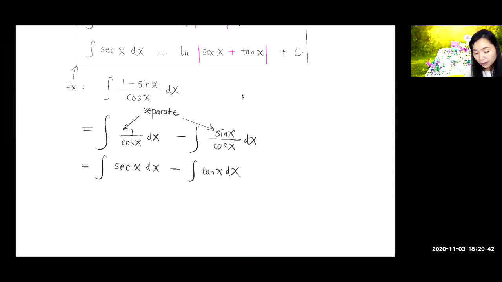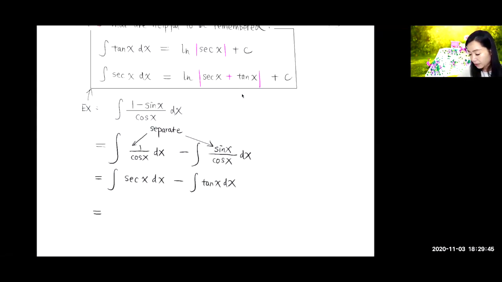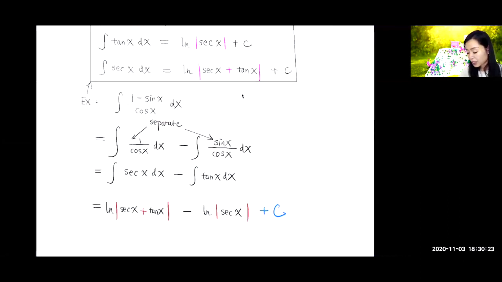Now, according to the formula that we have above, antiderivative of secant x is ln of the absolute value of the sum of secant x and tangent x. And antiderivative of tangent x here is ln of absolute value of secant x. And then don't forget to add the constant, that's c. So you can try to differentiate this, see if you get back the same function that you started.